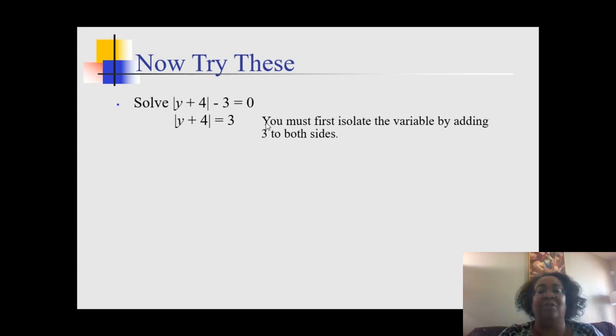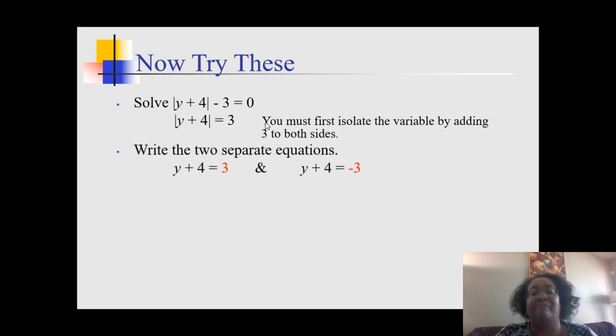Then, because the absolute value is isolated, you're going to go ahead and do your two equations. One is going to be y plus 4 is equal to positive 3, and the other one is going to be y plus 4 equals negative 3. And then you're just going to solve them.